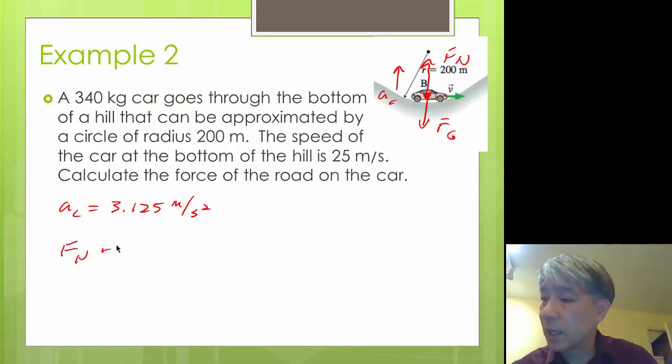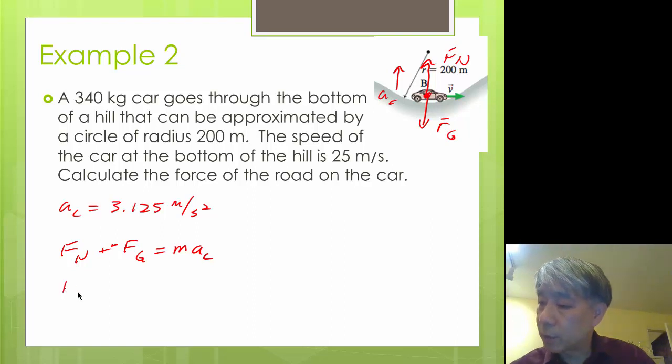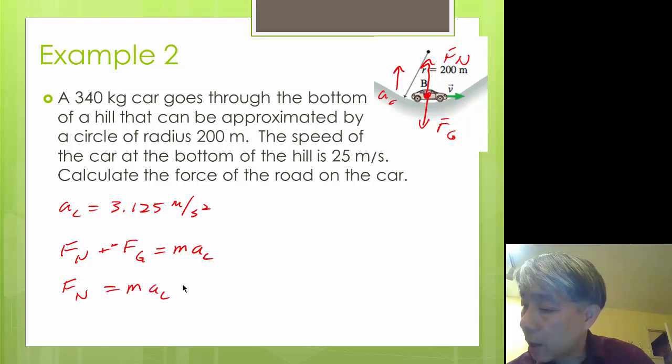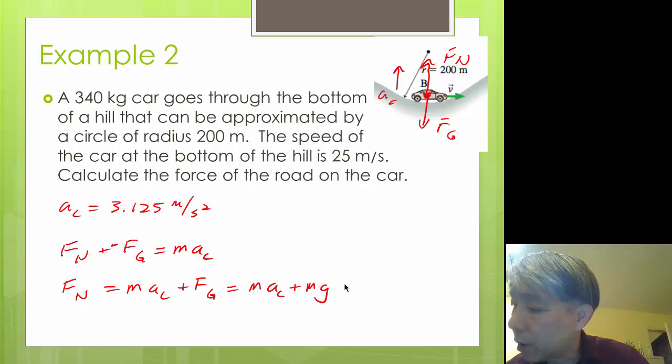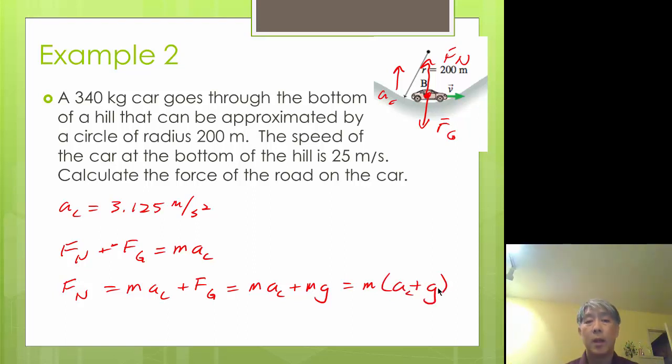Okay, and our calculation is the same. Fn plus negative force of gravity is going to equal positive mac. Positive in this case because my acceleration is going to be upwards. So doing some algebra, I find that Fn is going to equal mac plus the force of gravity, or basically mac plus mg, or simplifying, m times a plus g.